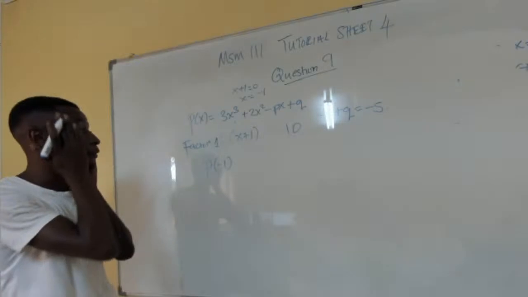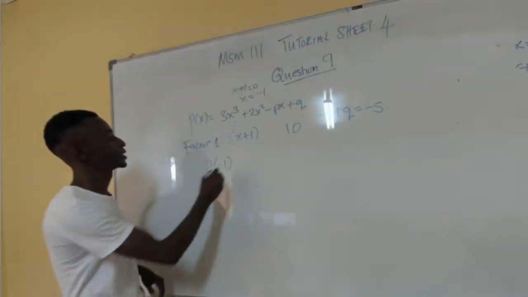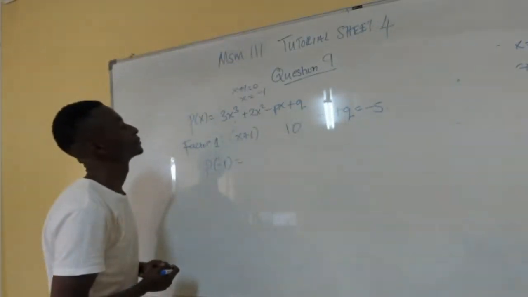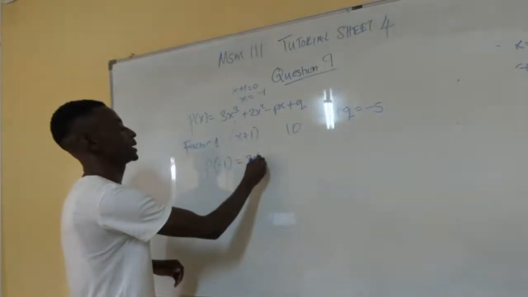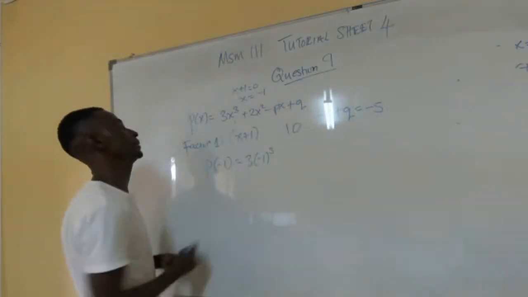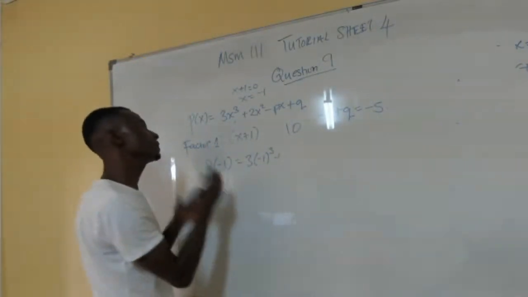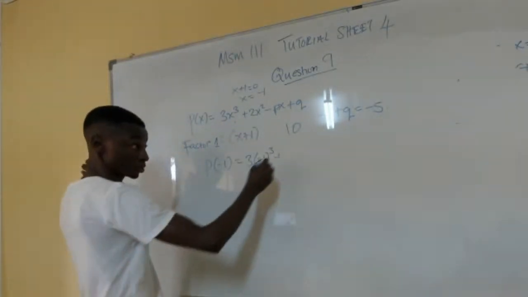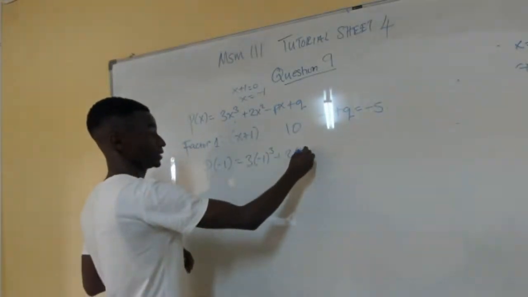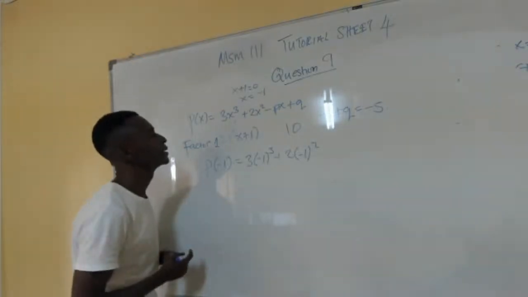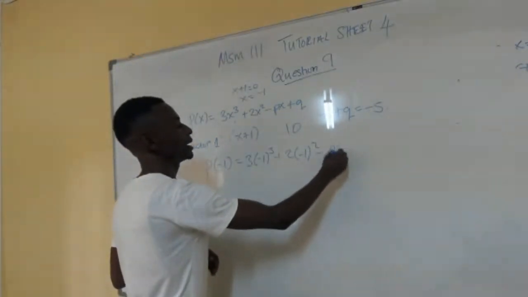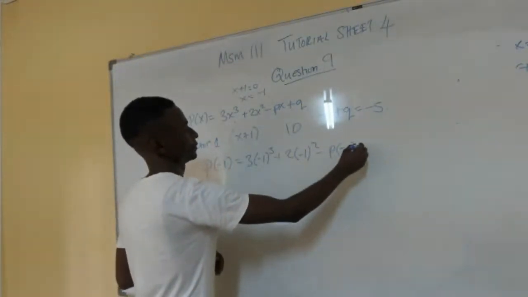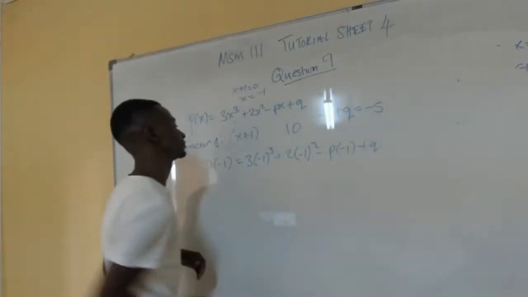That's what we're solving for. So now let's do this. 3 multiplied by negative 1 to the power 3, plus 2 multiplied by negative 1 squared minus p multiplied by negative 1 plus q. Don't forget, we're using the same polynomial.